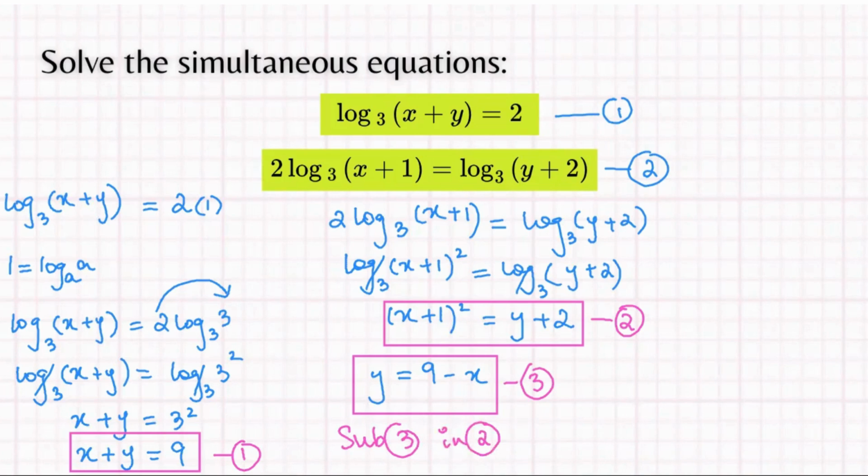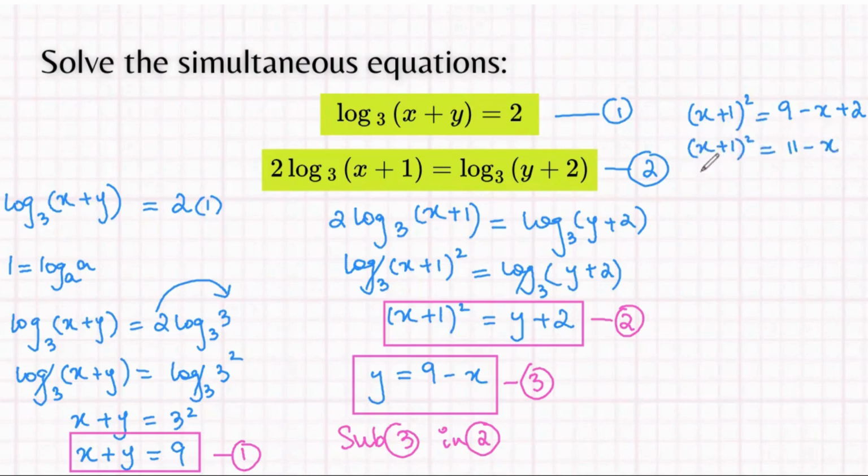So that would mean we have x plus 1 squared equals 9 minus x plus 2. So x plus 1 squared equals 11 minus x.